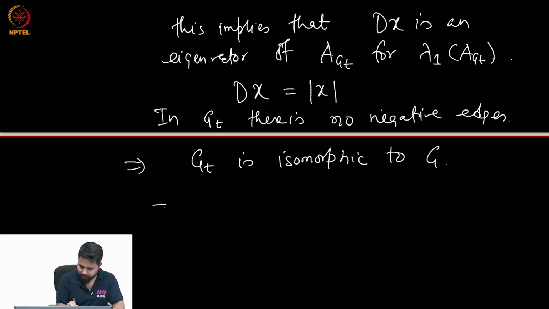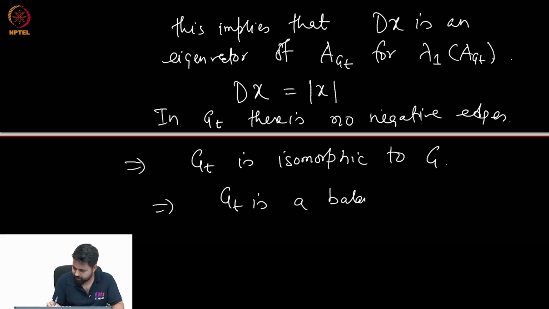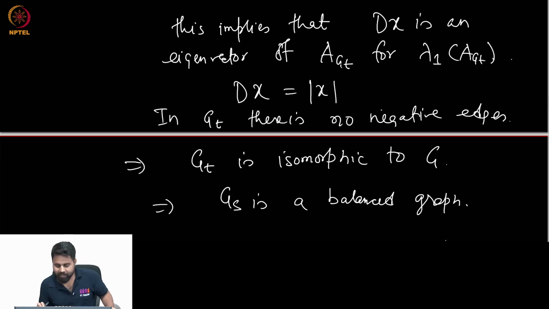This implies that GT is a balanced graph, and therefore GS is balanced, because these two are signed equivalent. If one is balanced, the other is also balanced. Very good.